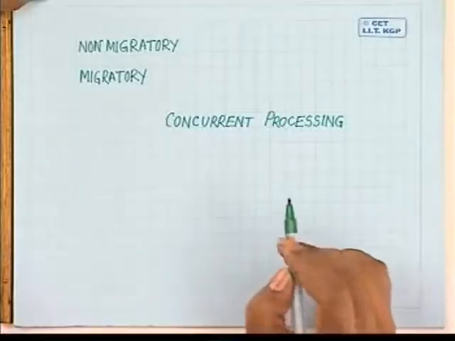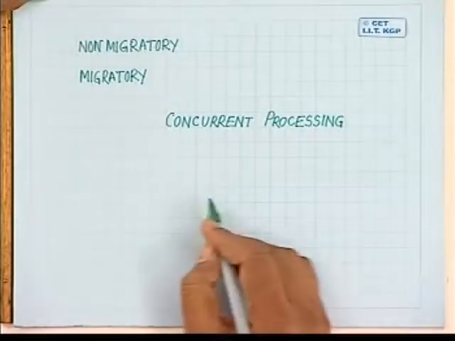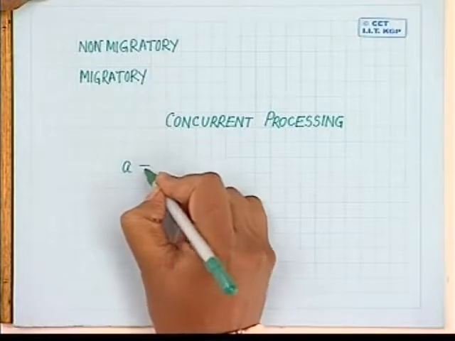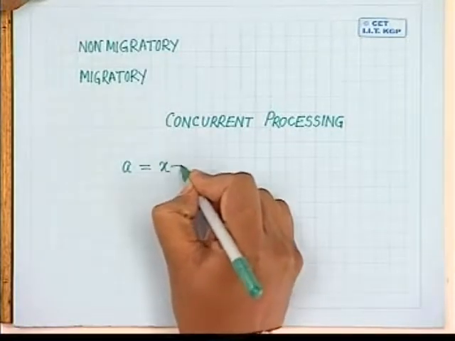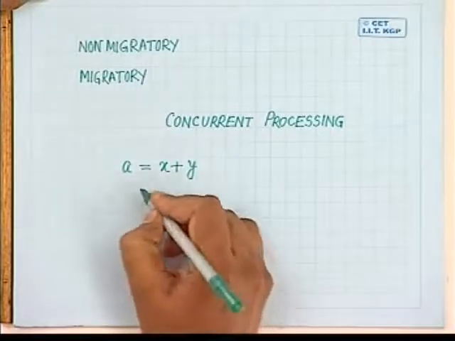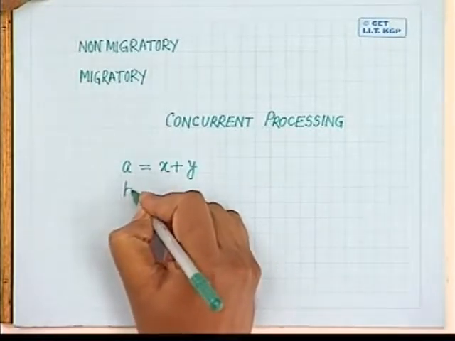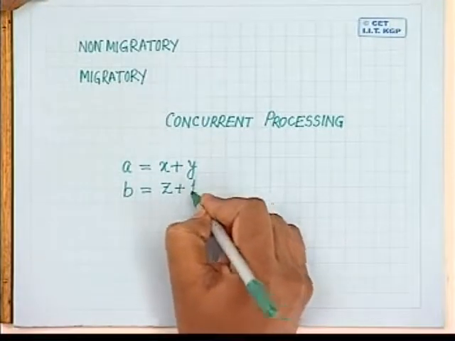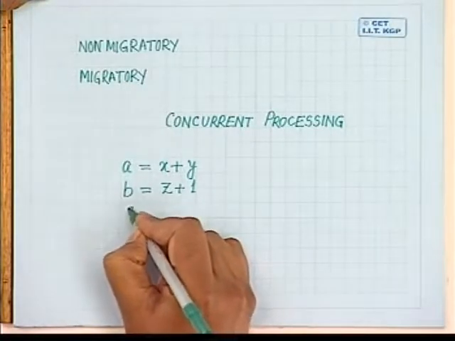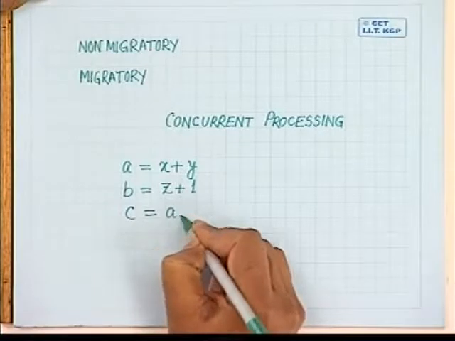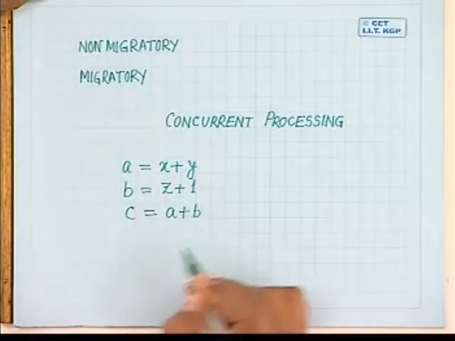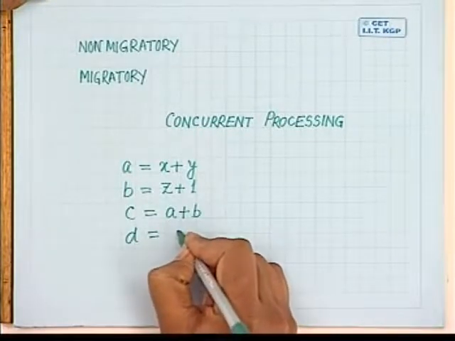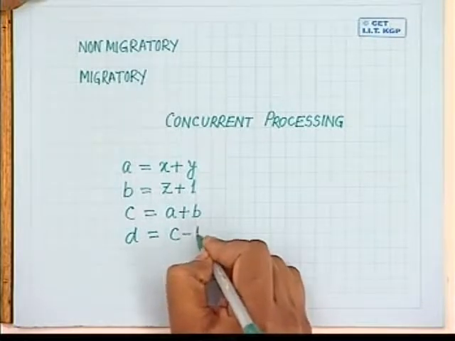So for that, let us take some statements. Say I have statements of the form A is equal to X plus Y, that is one statement. Similarly, another statement, B is equal to Z plus 1, maybe C is equal to A plus B, and another statement of the form D equal to C minus 1.